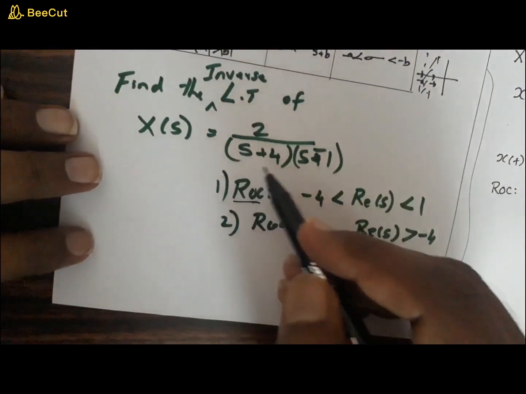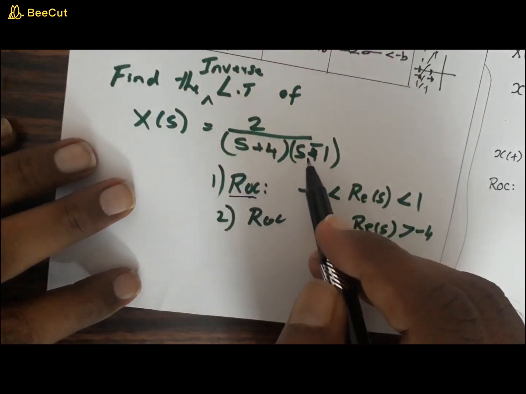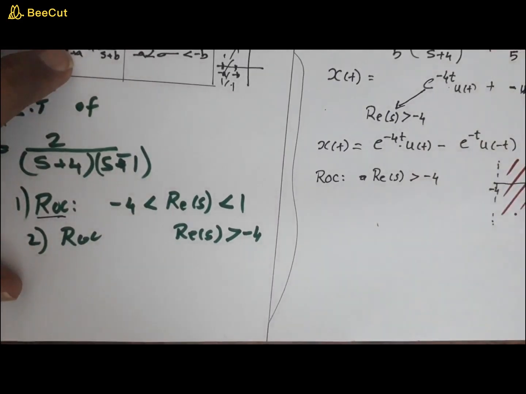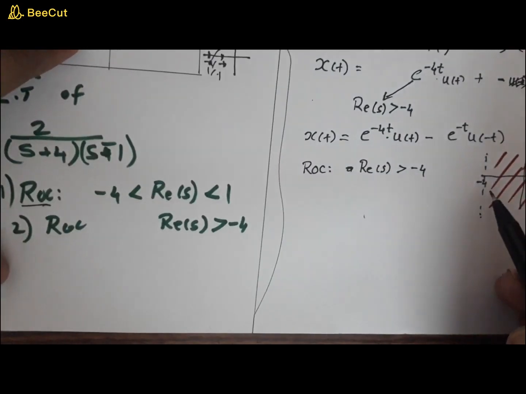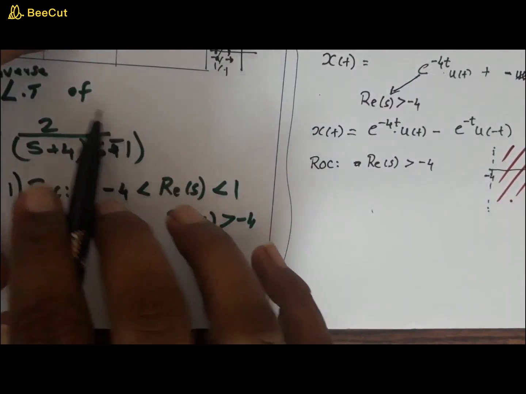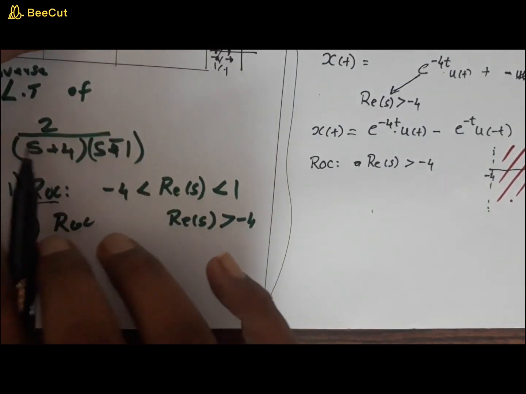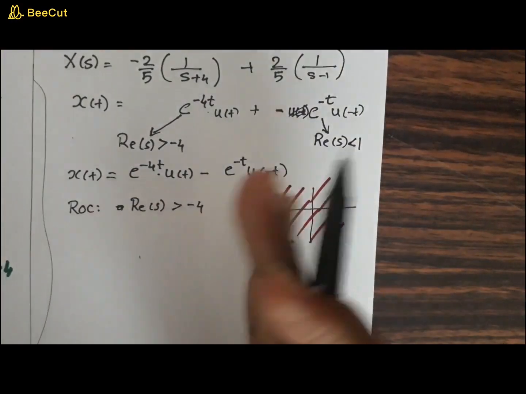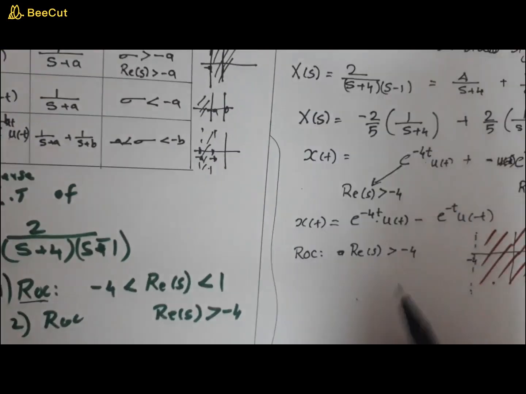You are supposed to find the time domain signal of this transform which exists in the region from minus 4 onwards. This is a question of finding the time domain signal which exists for all the values of the s plane starting from minus 4 onwards. So that is your real of s.